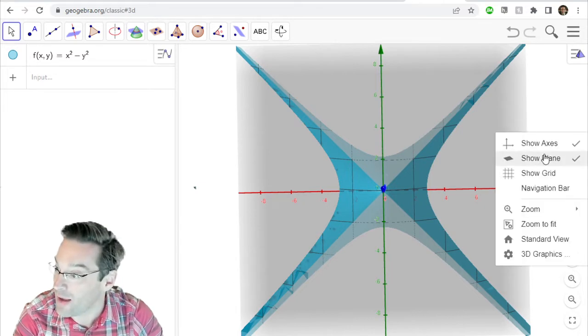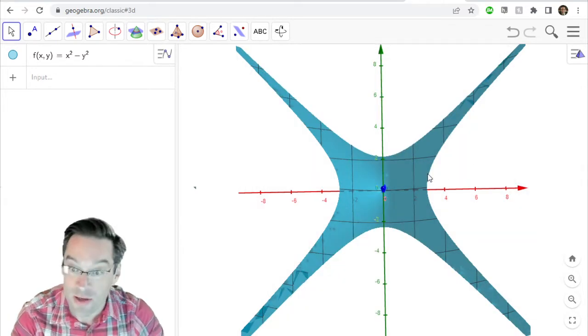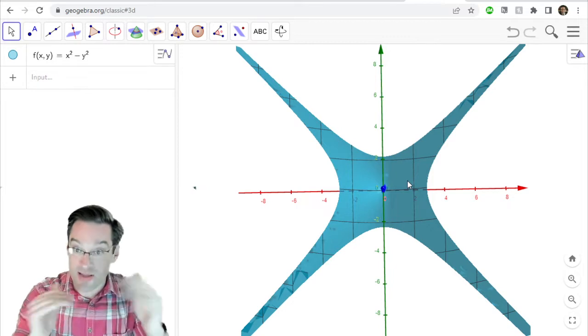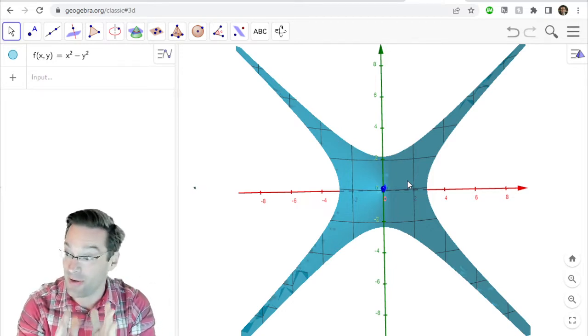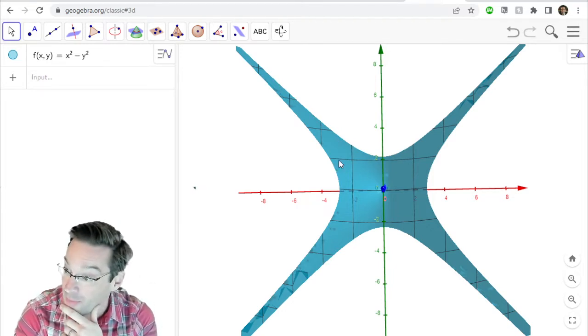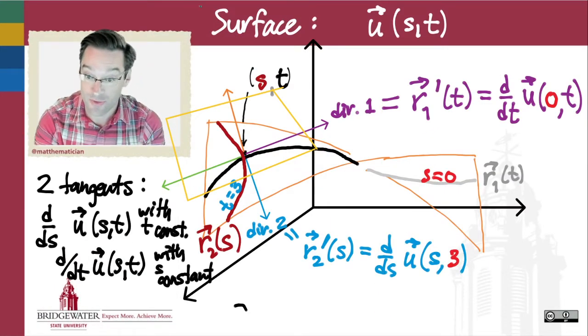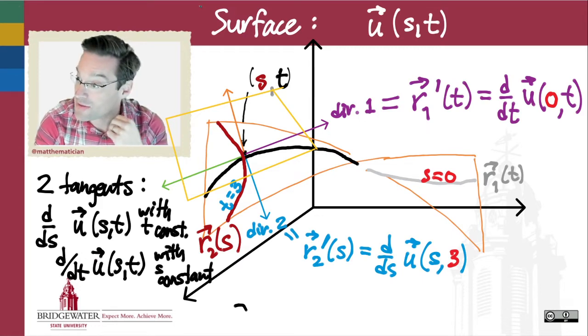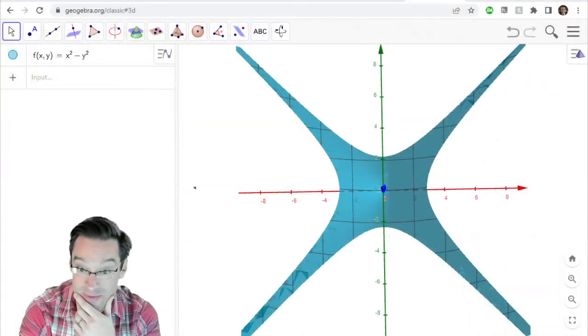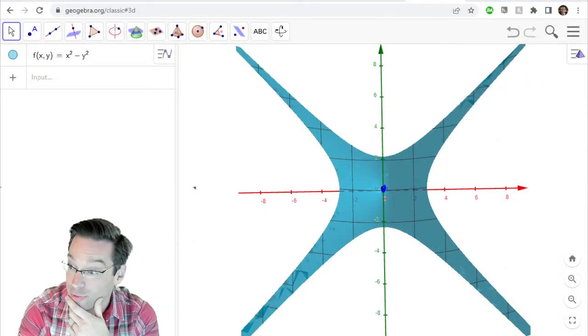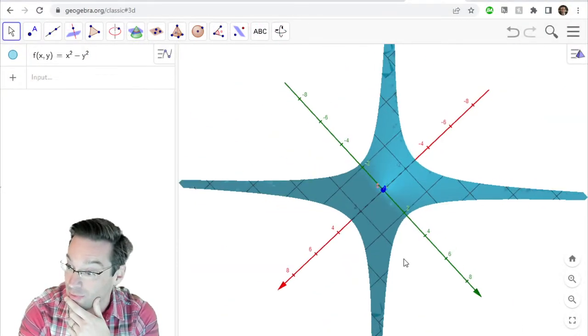Let me hide this plane here for a minute. You can see that there's a cross-hatched grid that's laying down on top of this surface. Those grid lines are exactly those trace lines that we had on the surface before, because those lines are actually just the vertical traces of this surface through vertical planes in 3-space.